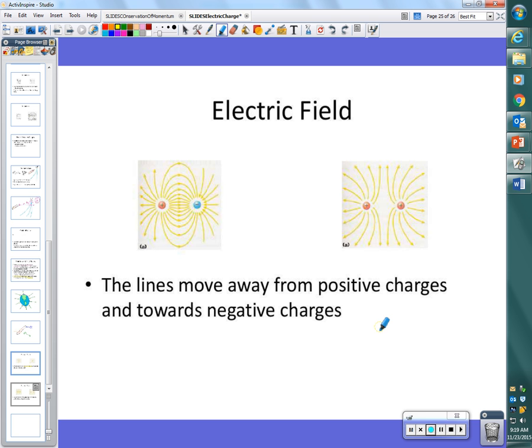So David said, well, let's talk about this picture a little bit more, right? What do you see right in the middle of those two positive charges? Empty space. There are no lines in that space. Why?